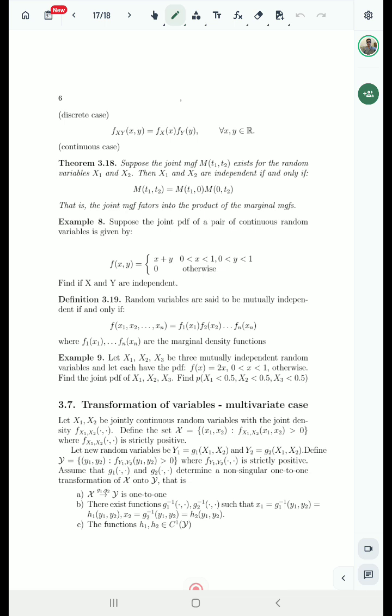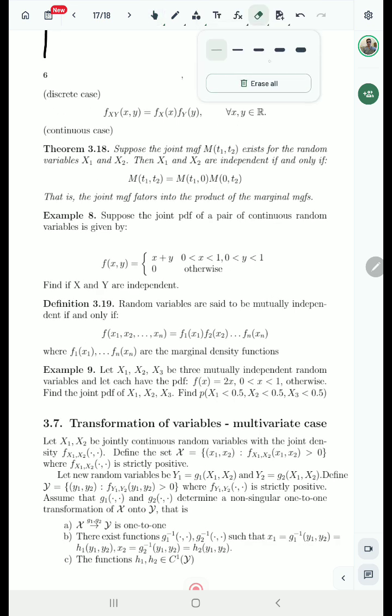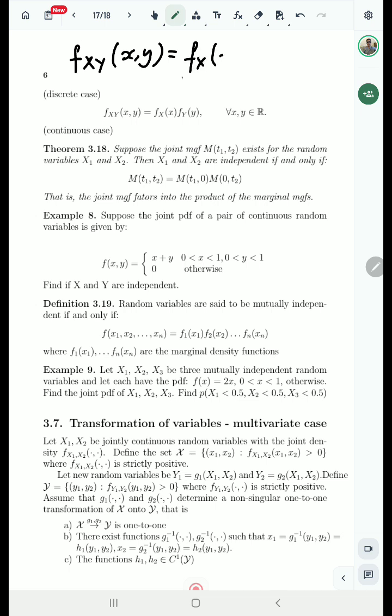We know that independence is this: two random variables are independent if the joint density can be shown as the product of marginal densities, then we say that x and y are independent.